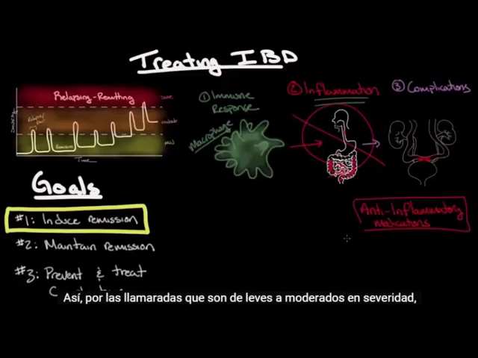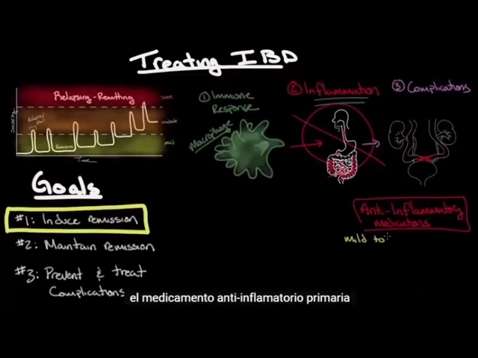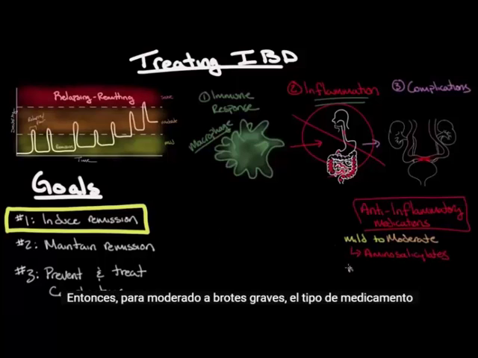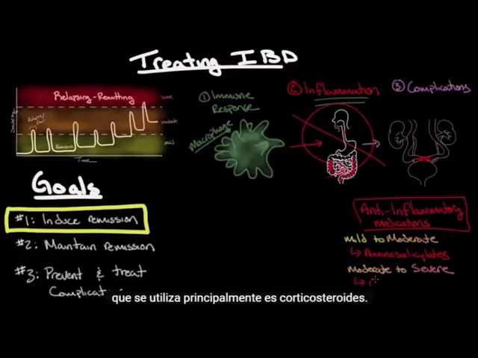So for flares that are mild to moderate in severity, the primary anti-inflammatory medication that's going to be used to induce remission is a group of medications known as aminosalicylates. Then for moderate to severe flares, the type of medication that's primarily used is corticosteroids.